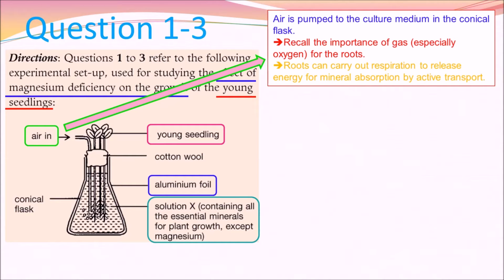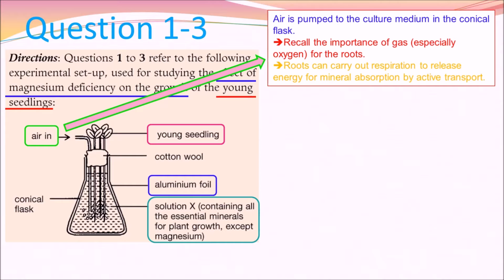Why do I need to mention this part? Because we need to recall the importance of gas, especially oxygen, for the root. All the cells of the whole plant need oxygen for respiration, right? But why do we need to pump fresh air?